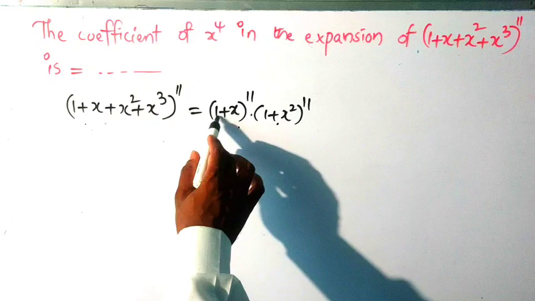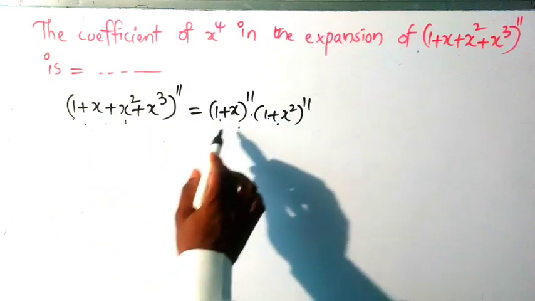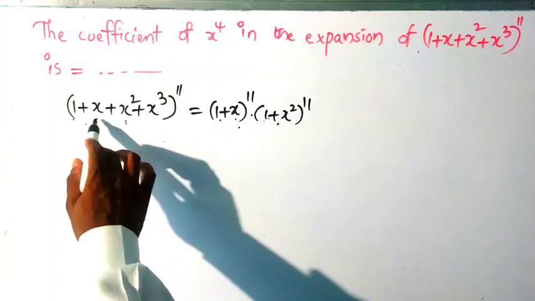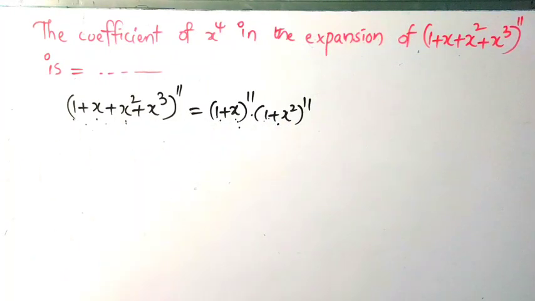What do we get? 1 into 1, 1 into x² also, x into 1, x into x², x³. So (1 + x² + x³) whole power of 11 can be changed into (1 + x) whole power of 11 into (1 + x²) whole power of 11. So a binomial can be changed.